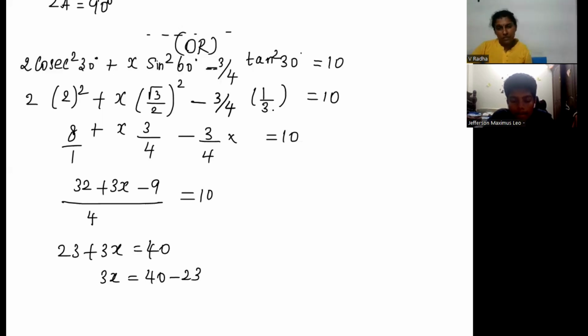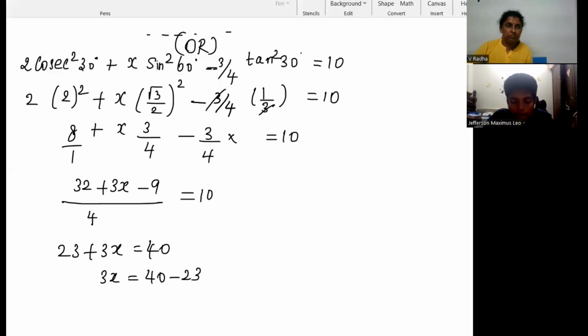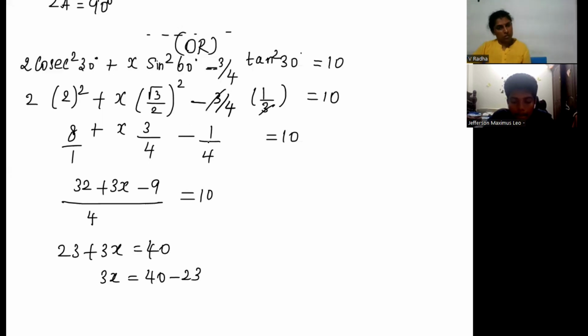The 3 cancels with the 3 by 4, leaving 1 by 4 only.